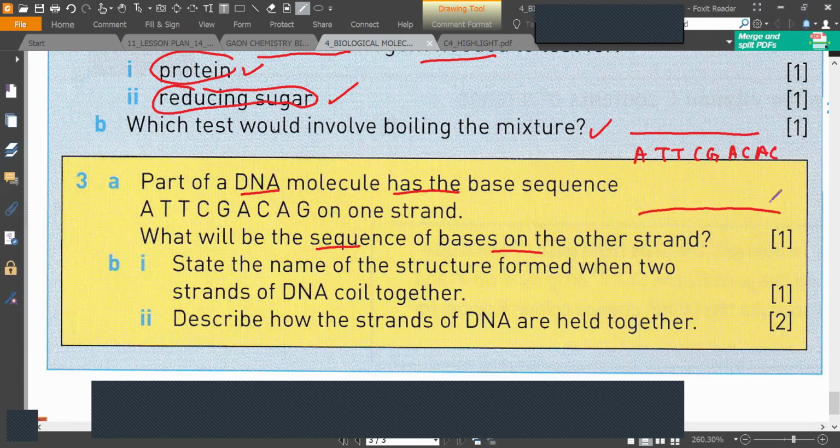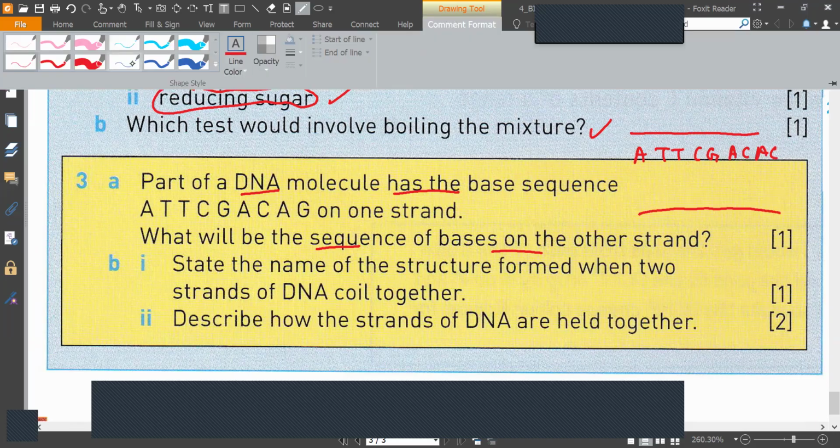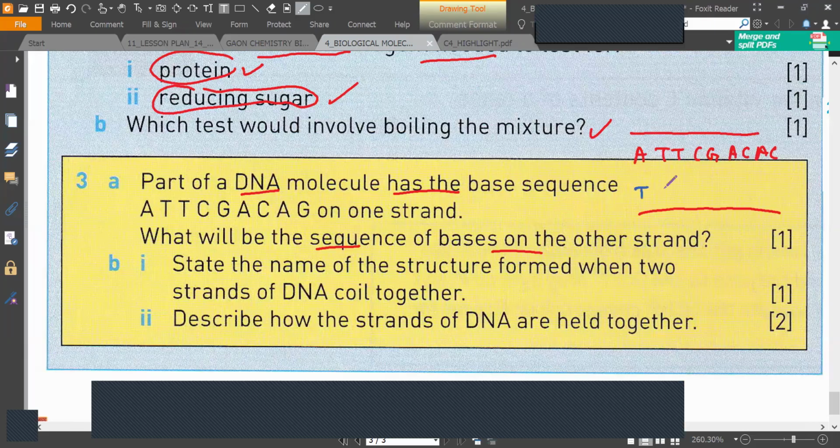The other strand will be: A is always with T, T is always with A, C is always with G, G is always with C, and then A with T, C with G, A with T, C, G. So we expect the other strand will be this one.